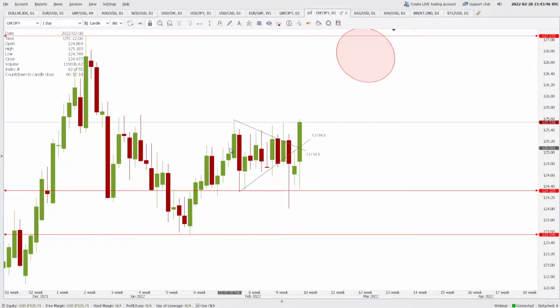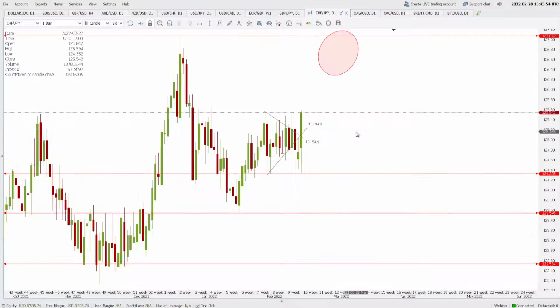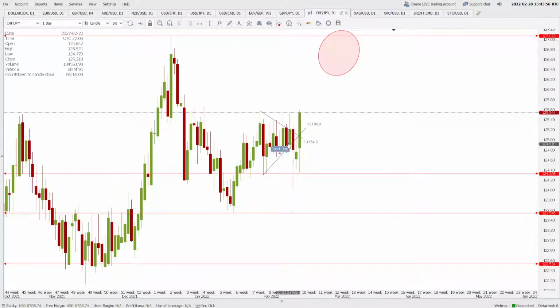So it may be giving us a new monthly high soon, after reaching 127.07. This is the first target for the CHFJPY on the way up, and if it starts going down, then 124.32 should give it a good support on the way down.